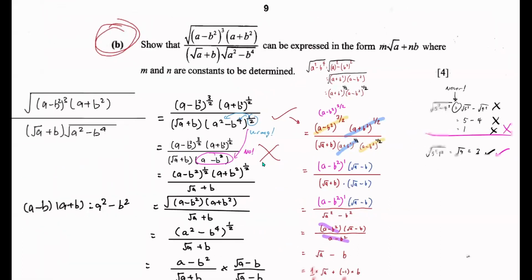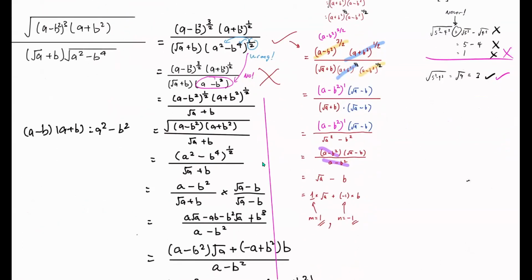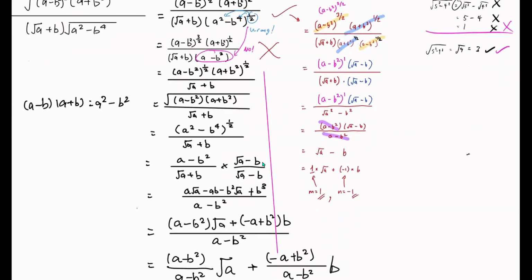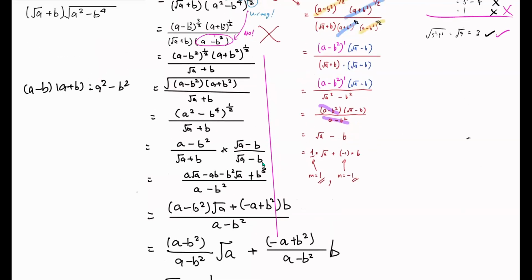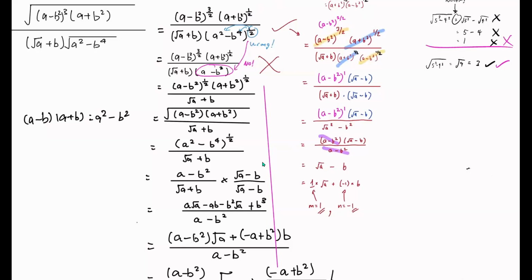So here's how you do it. But wait, didn't I get the correct answer? I did, I got the correct answer. I have no idea how you managed to do that. No, because I did it twice. Yeah, but it's wrong.